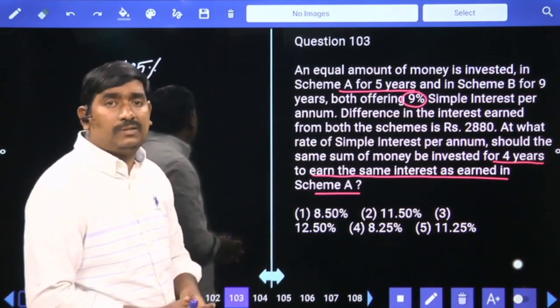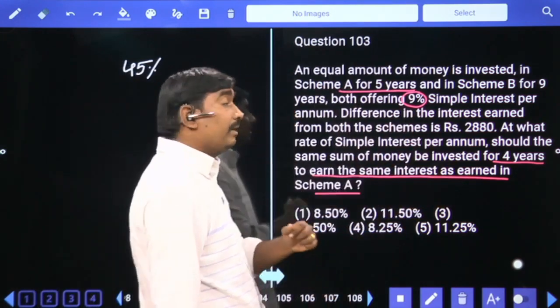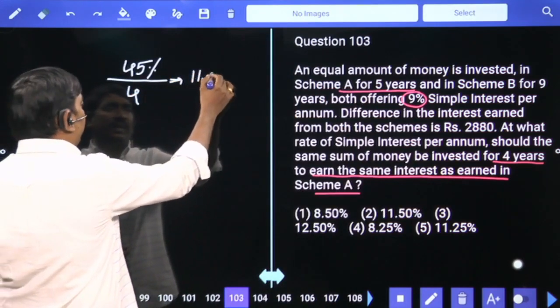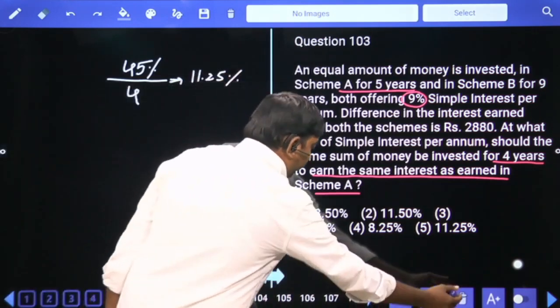So right now I also require 45%, but in 4 years only we need to get. For 4 years 45%, then per 1 year how much means 11.25% is your answer. 11.25, that's it.